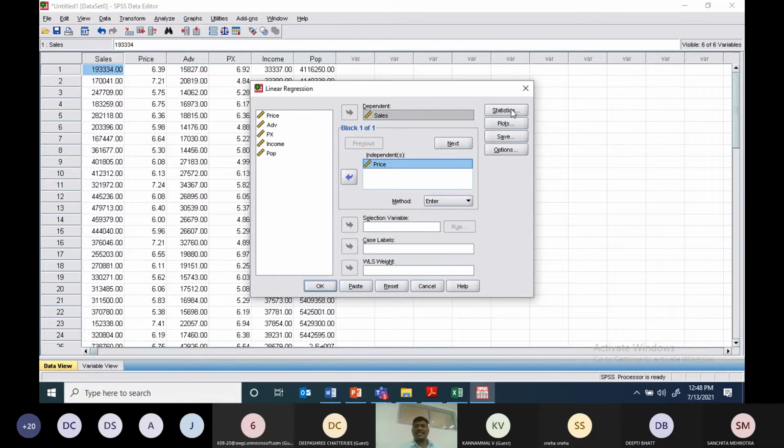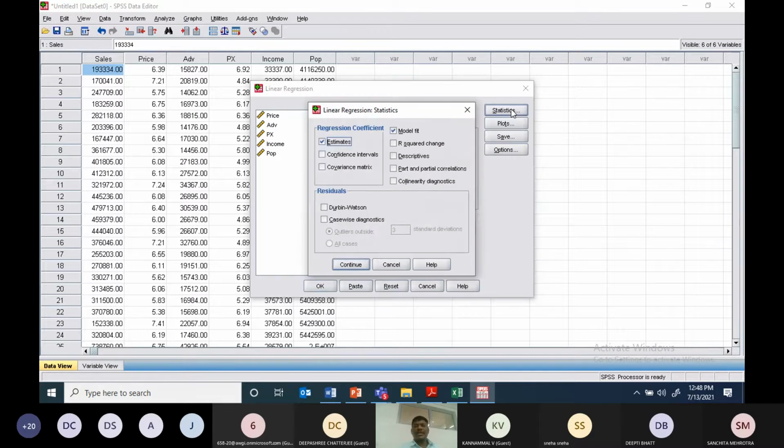Now you go for Statistics. There is model fit.